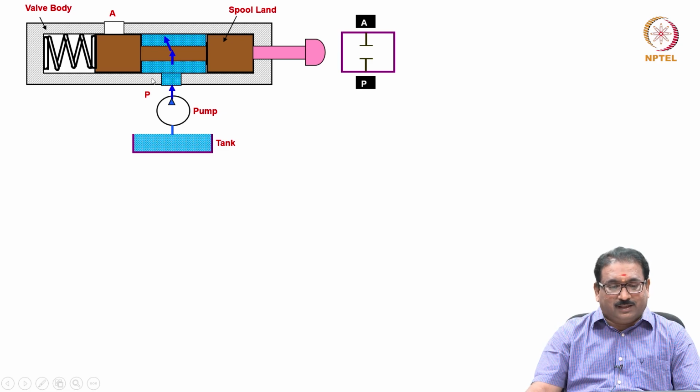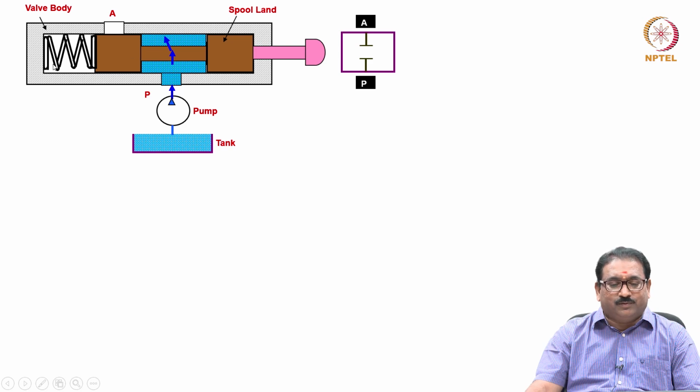Constructional feature, you will see this is a rectangular valve body having the 2 ports A and P. P is a pressure port connected to the pump here through the tank. Then A is an actuator port, the actuator is not shown here. This is a spool land here, friends. The spool land covers the port A here, meaning in the null position flow is not going here, no passage.